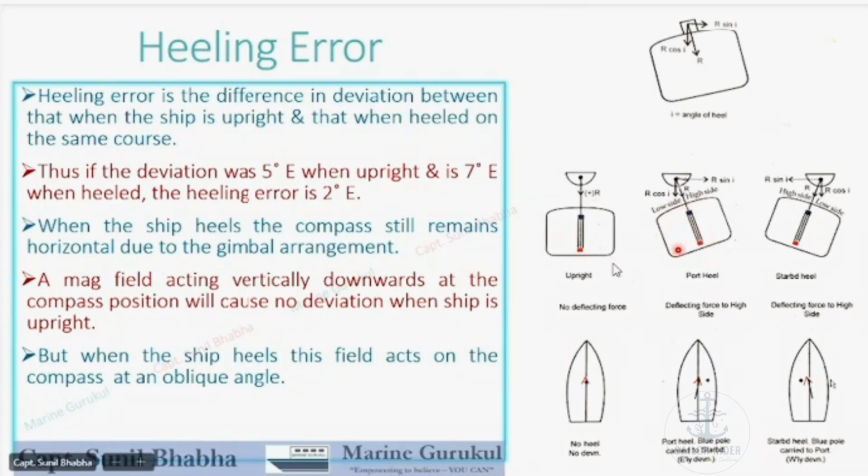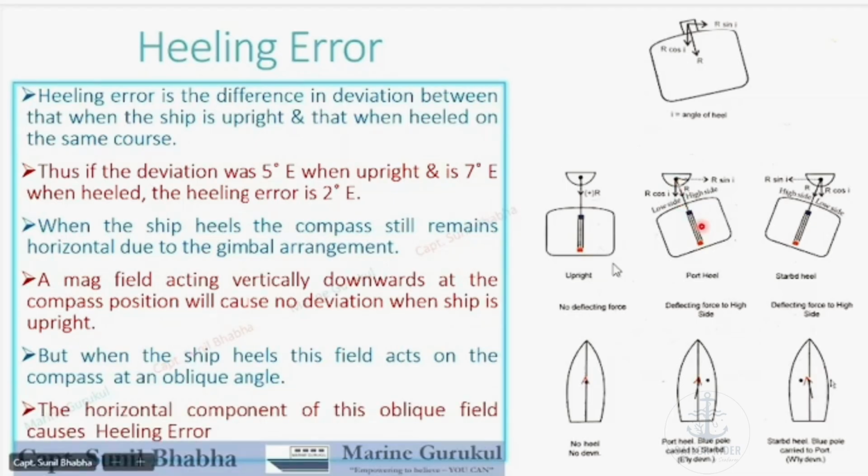The ship has heeled to the port side; we are looking at the ship from the stern. The compass bowl or the compass card still remains horizontal because of the gimbal arrangement. So this magnetic field now acts at an oblique angle. It is no more at right angles to the compass card.